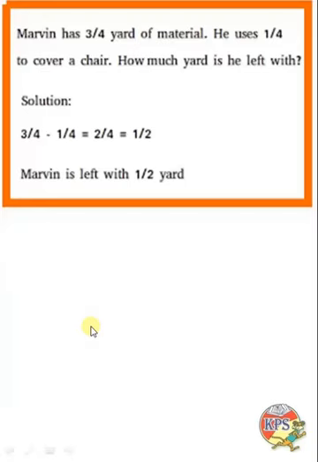So we have to subtract 4 from 10, means 10 minus 4 is equal to 6 is left. So the same thing we will do here. Marvin has 3/4 yard of material. He used 1/4 to cover a chair. How much yard is left? So left is written here. It means we have to subtract. So first we will write 3/4, then the subtract symbol, then we will write 1/4 here.